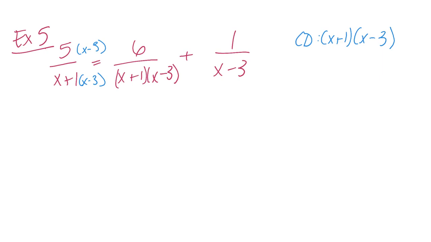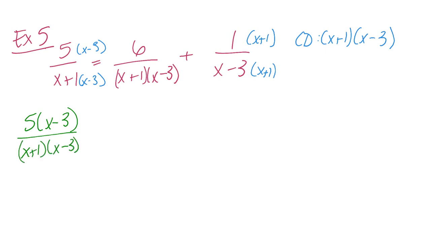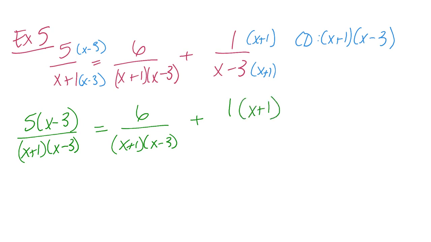Second one's not missing anything, and the last one's missing x plus 1 top and bottom. All right, so we have 5 times (x minus 3) over (x plus 1)(x minus 3) equals 6 over (x plus 1)(x minus 3) plus 1 times (x plus 1) over (x plus 1)(x minus 3).